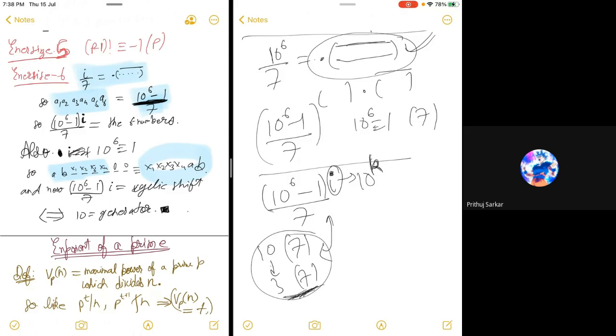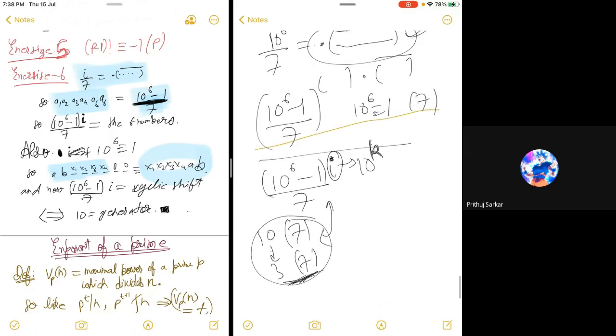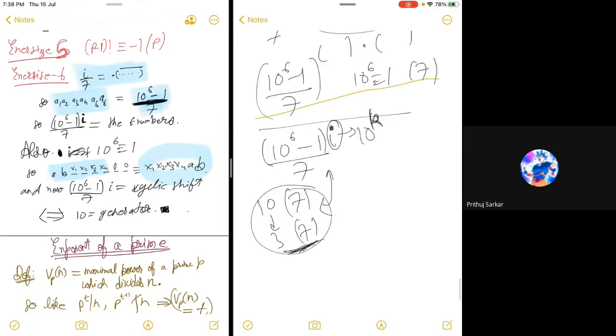Now if we shift this a b to the right hand side, we would get this. But this is obviously possible because a b into 10 to the 6 is congruent to a b modulo 7.